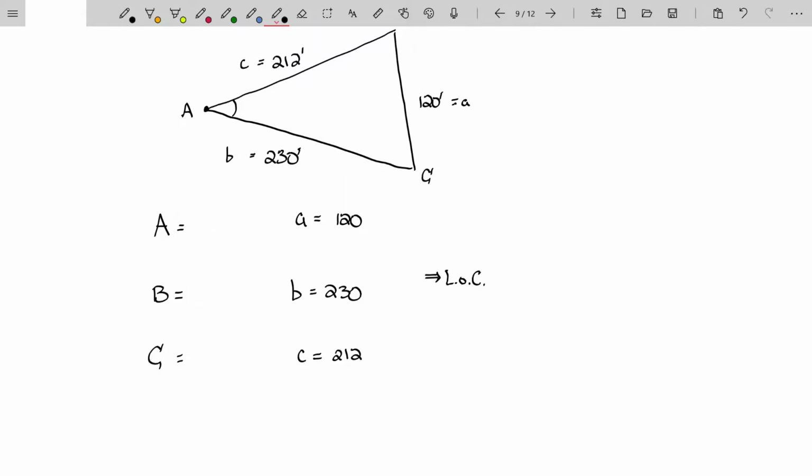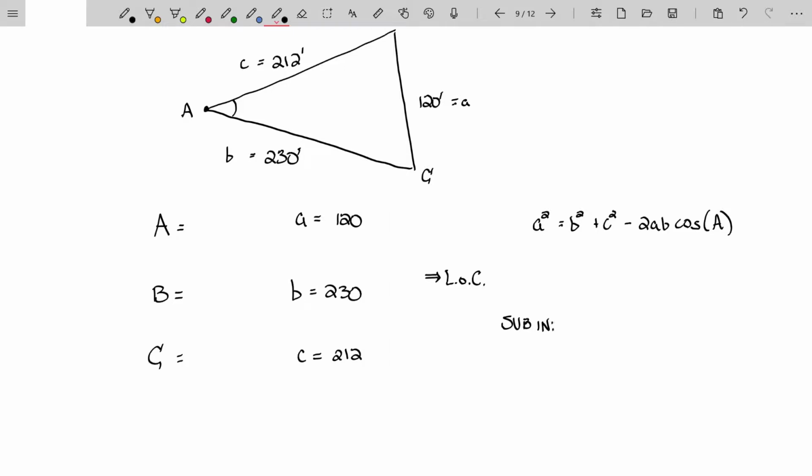So if we're trying to find angle A, we're going to use A squared is equal to B squared plus C squared minus 2BC cosine of the angle opposite little a, which is A. Of all of those letters, the only one we're missing is the angle A. So sub in, if I could spell in, that'd be awesome.